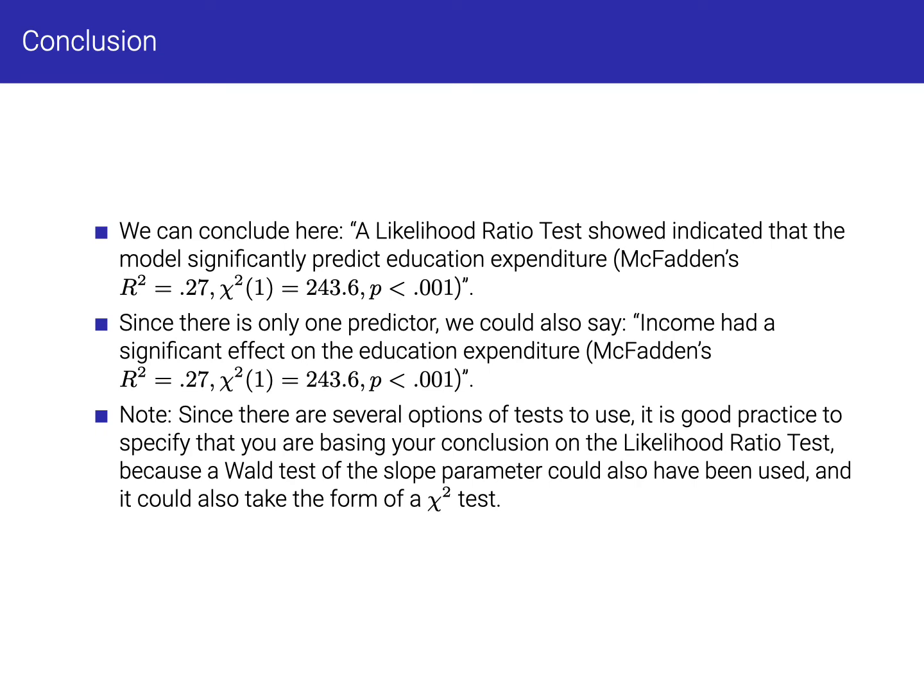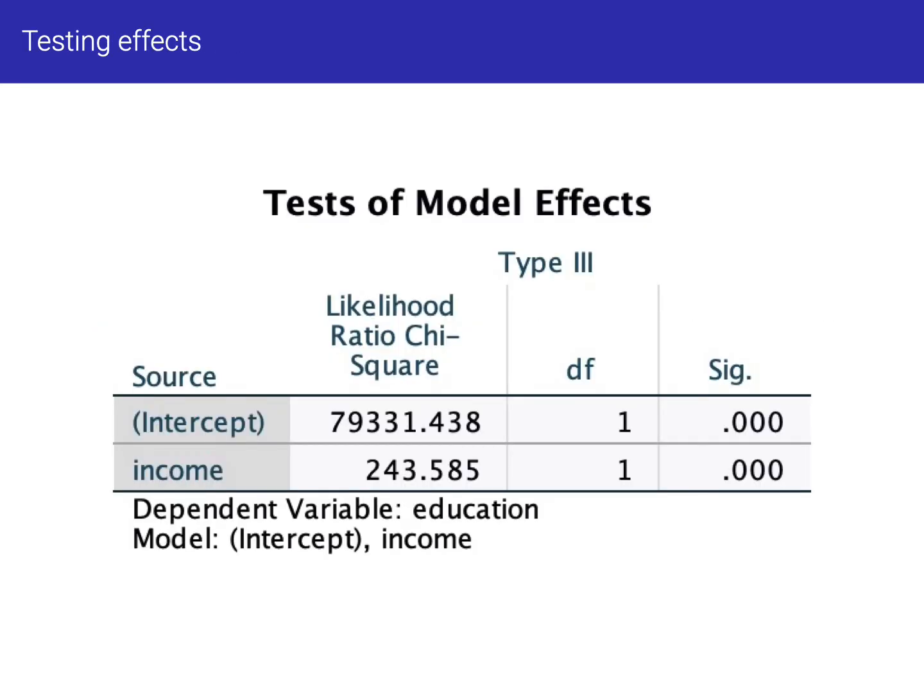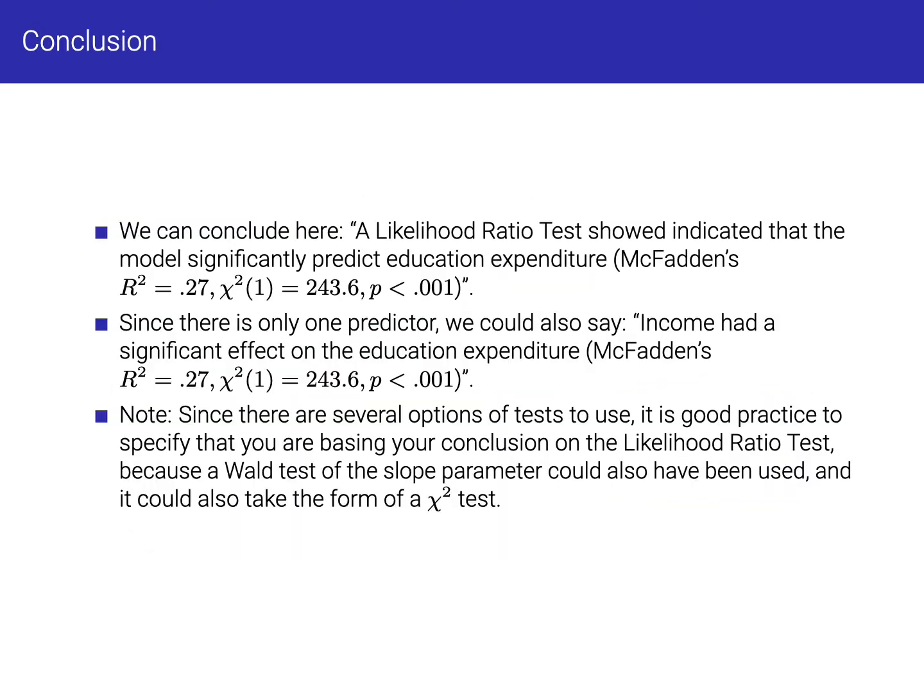And so we can provide the chi-square with degrees of freedom 1, and the chi-square value is 243.6, which we find here. And the p-value is below 0.001. You could also write, because there's only one predictor here, that income had a significant effect on the education expenditure, and again with the same statistics.